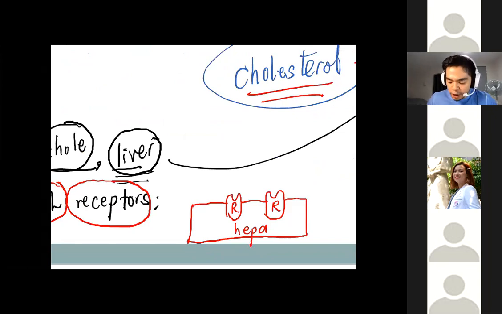What is the implication there? Ibig sabihin yan, pag marami tayong hepatic LDL receptors, it is expected na na-enhance natin ang ligand receptor interaction. Now, anong ligand ang pinag-uusapan natin dito?